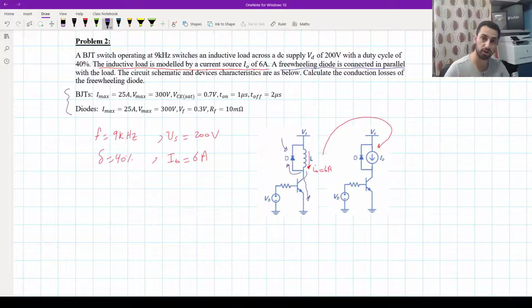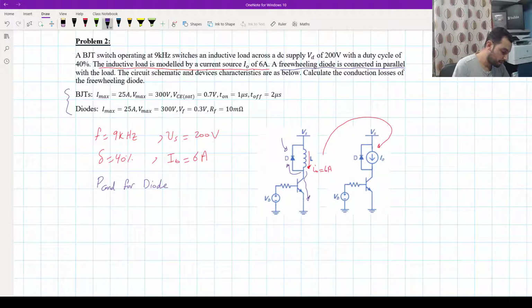For the conduction losses, it's much more, and we have to consider it. So the question is about conduction losses for the diode, which means we have to know the voltage drop and also the average current going through it.